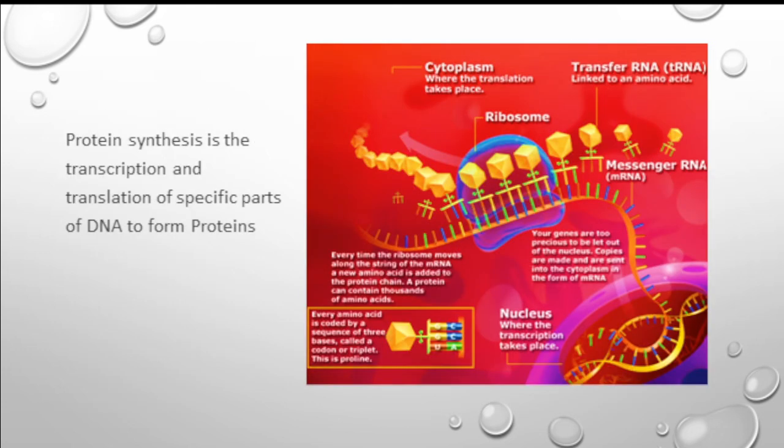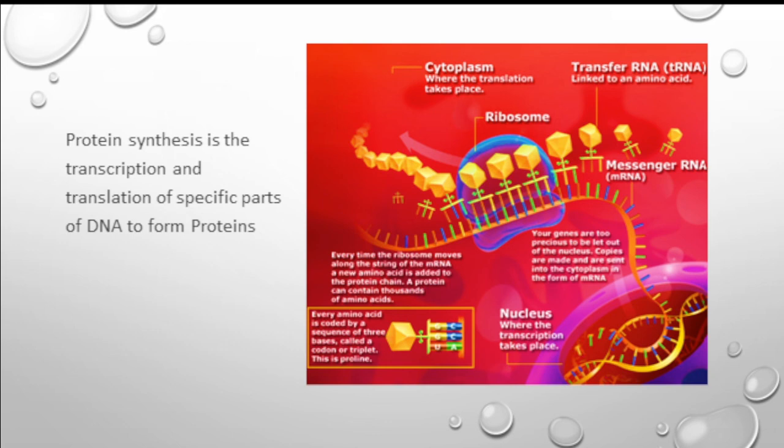Protein synthesis is the transcription and translation of specific parts of DNA to form proteins. From DNA, we obtain the mRNA through the process of transcription. Then this mRNA is translated into a sequence of amino acids, which we call a polypeptide or the protein, through a process known as translation.